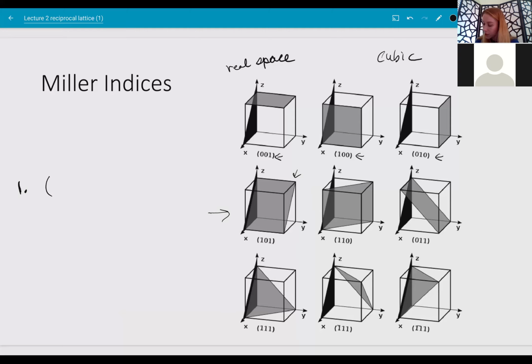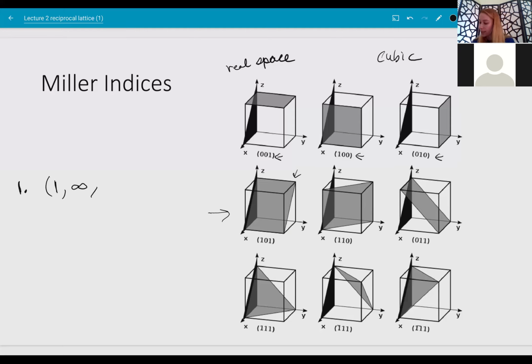According to this graph, this plane drawn in gray intercepts the x-axis at 1 unit, or 1 lattice spacing, along the x-axis. Okay, that's the x-axis. Let's see what's happening on the y-axis. On the y-axis, the plane is actually parallel to the y-axis, so it does not intercept the y-axis, so this would be infinity.